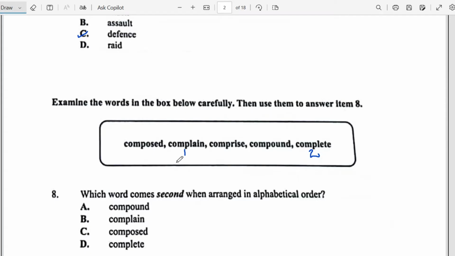The third would be composed, fourth compound, and then the fifth comprise. So the word which comes second when arranged in alphabetical order is complete.